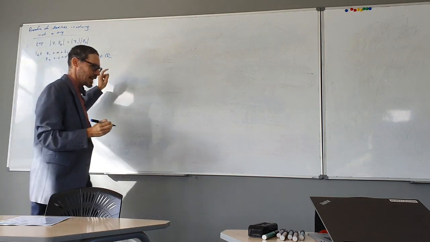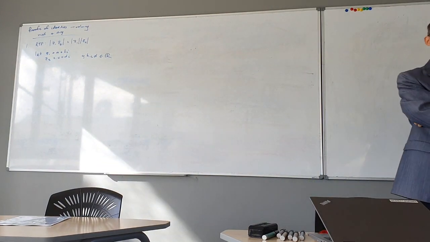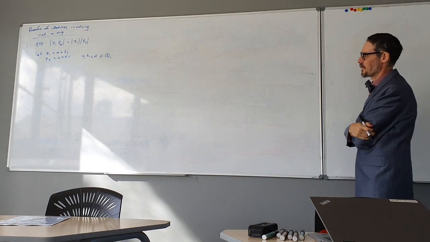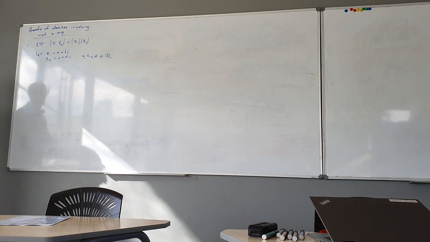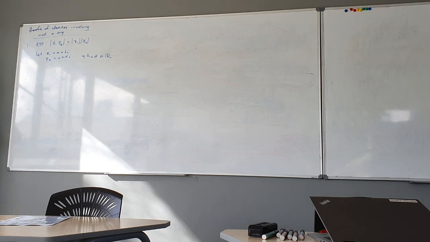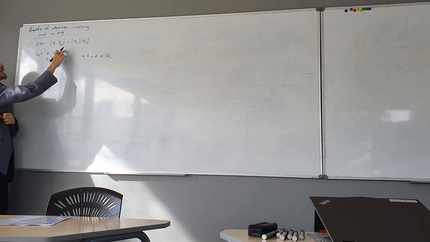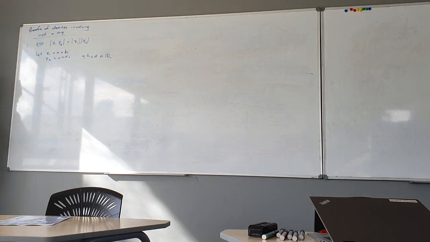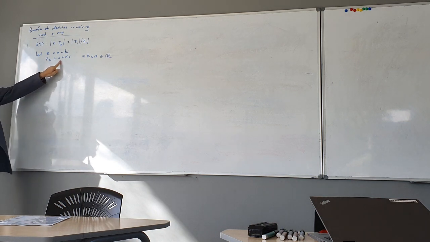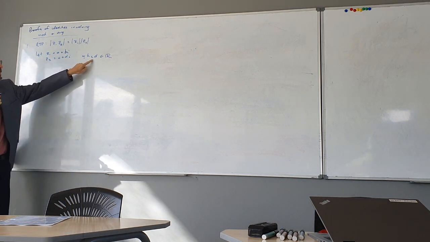Why do I think it's important to say a, b, c, and d are real numbers? What would happen if one of these was not real?